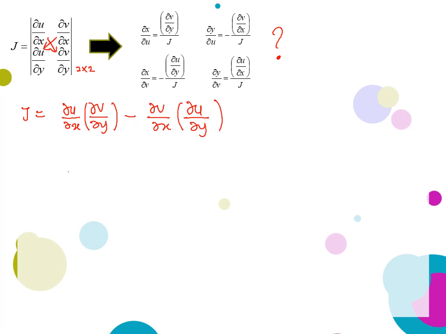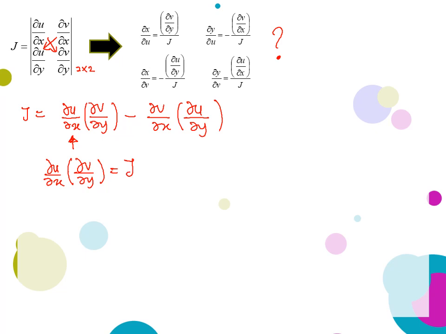If you want to find del x del u, this is del u del x. So treat this as del u del x times del v del y equal to the Jacobian.